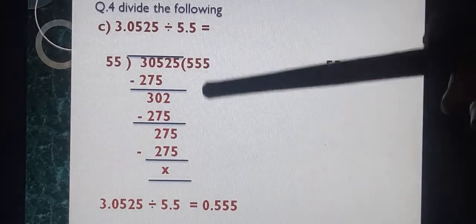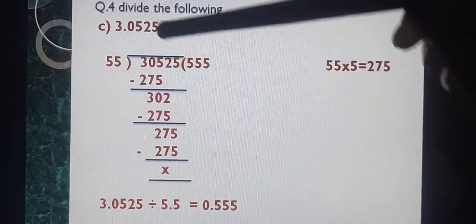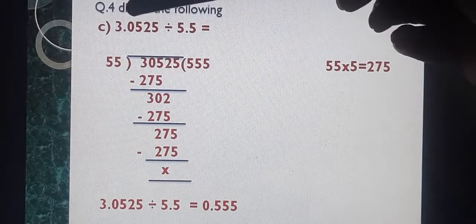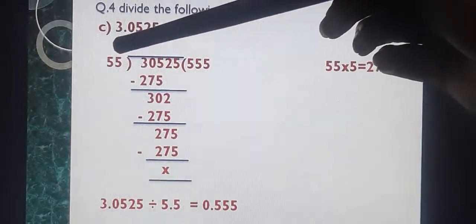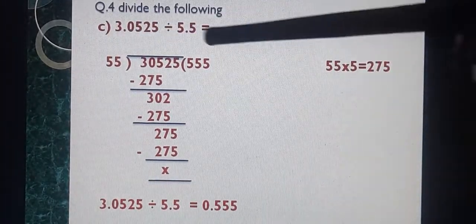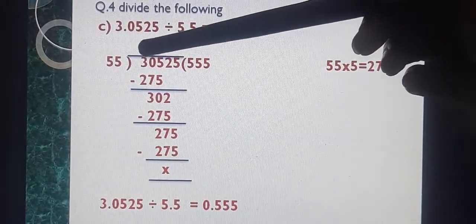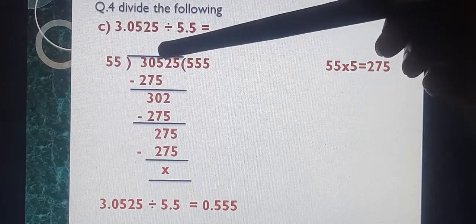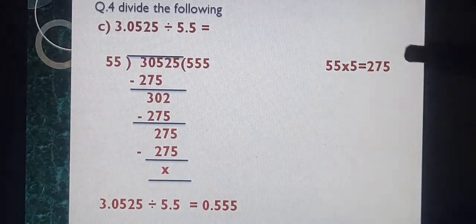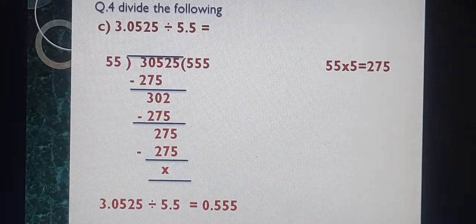So now simple division without considering the decimal. So 30,525 divided by 55. Here we will take 305 because 30 is less than 55. So we will consider one more digit, 305. 55 5s are 275.